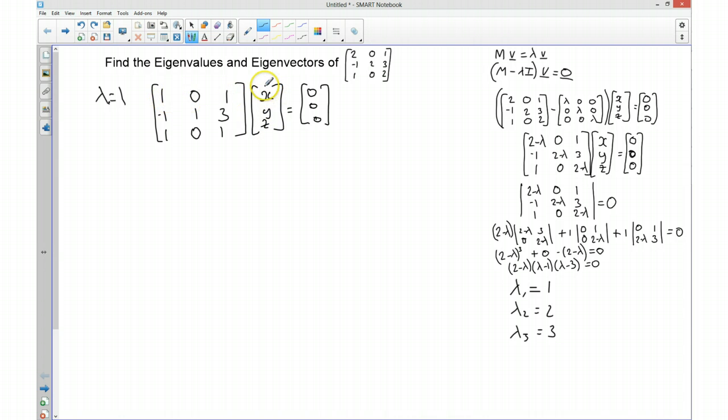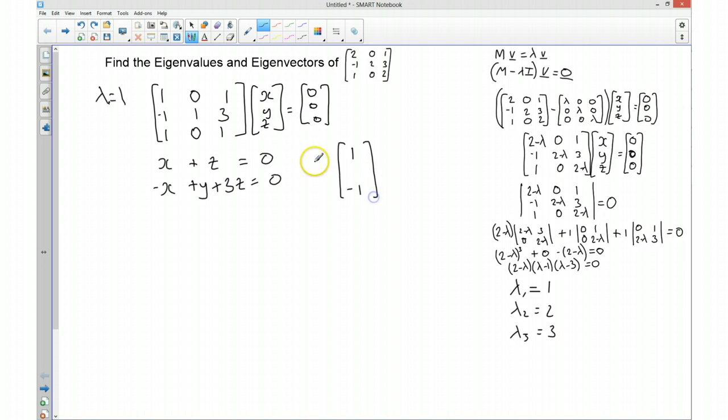Okay, so using that, I know that x plus z has got to be equal to 0, and I've got a negative x plus y plus 3z is going to be equal to 0. Well, that tells me that x and z need to be equal and of opposite signs to each other. So I'm going to choose x to be 1, and I'm going to choose z to be negative 1.